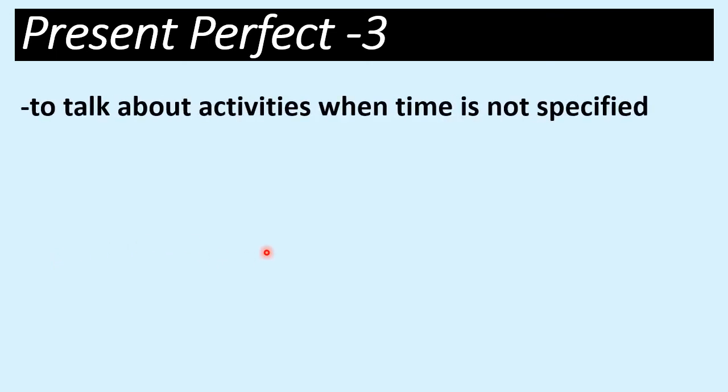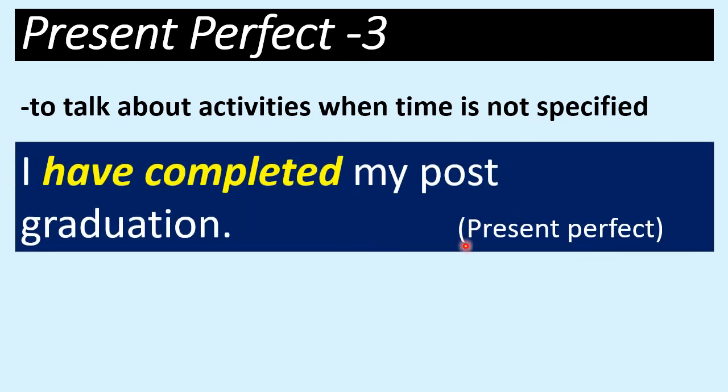We can use present perfect to talk about activities when time is not specified. Look at the sentence. I have completed my post-graduation. Here I mention no time frame. So I can use present perfect, have plus V3.